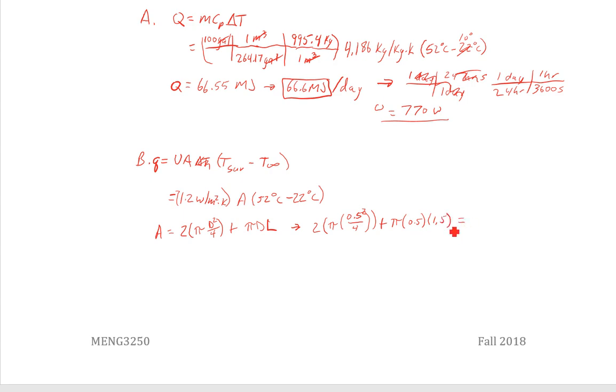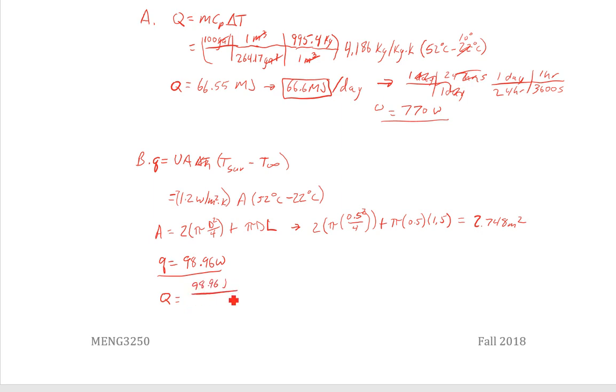So our area is going to be 2.748 meters squared. And our U is there, and our delta T is 30. So our Q equals 98.96 watts.